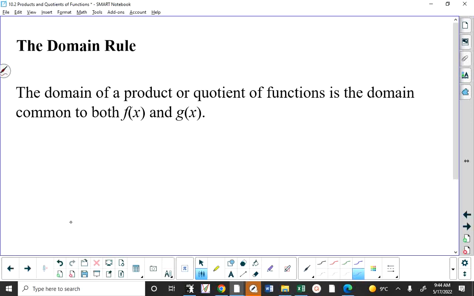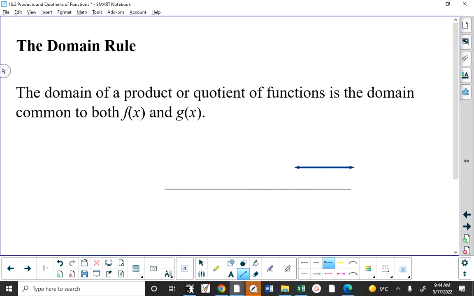For example, if you have one function that is defined from negative infinity to infinity, this is x, and maybe this function here is f of x.